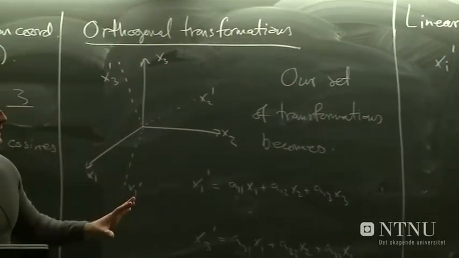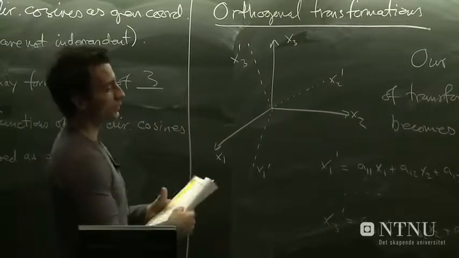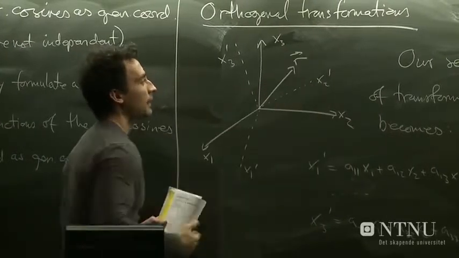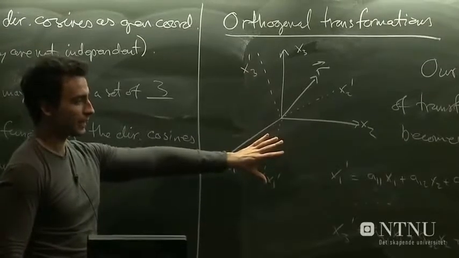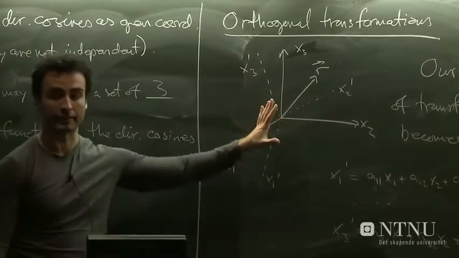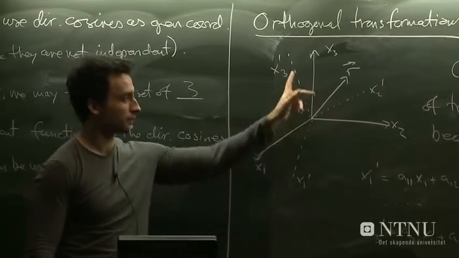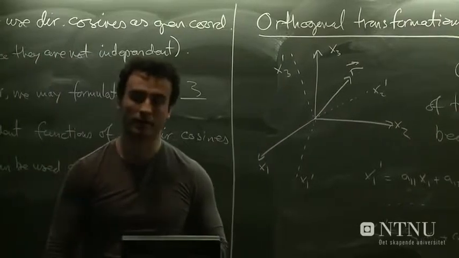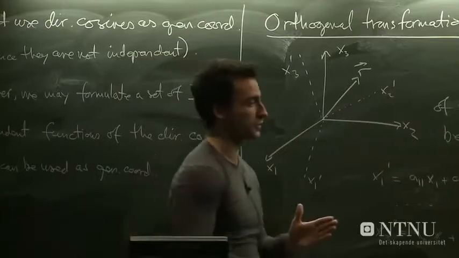Okay, so what can we say about this type of transformation? Well, if we have some vector r in the original coordinate system, and we then rotate the coordinate system to the primed coordinate system here, the length of the vector r should be unchanged. Just its direction should change.